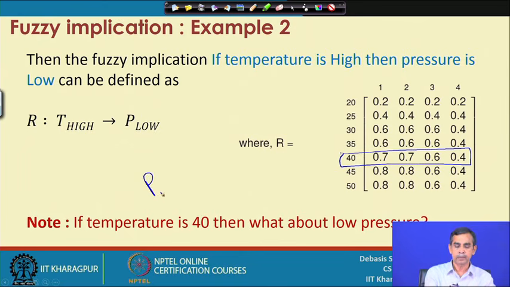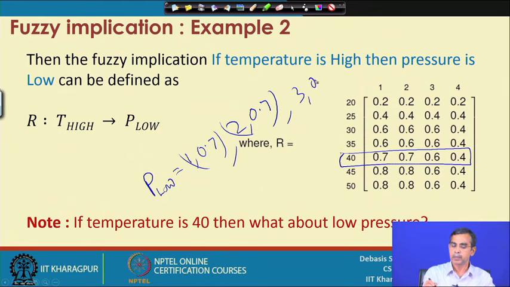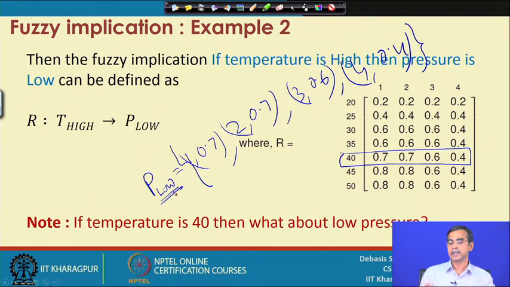So, P low here can be expressed in terms of the fuzzy set: 1 0.7, then 2 0.7, then 3 0.6 and 4 0.4. This is P low provided that temperature high is 40. So, this is a fuzzy set, and the answer is like this.